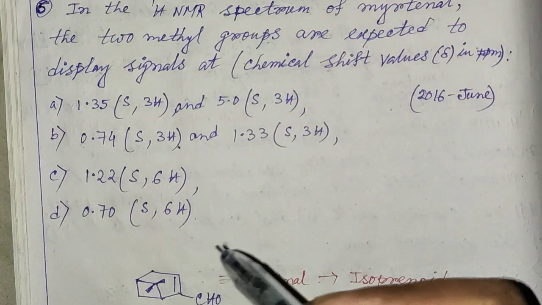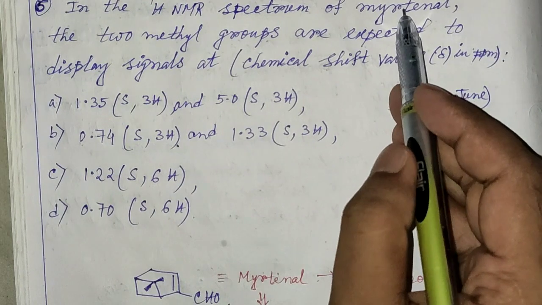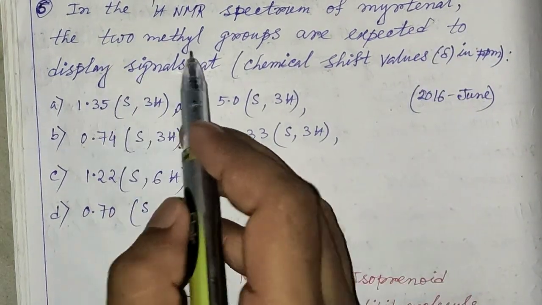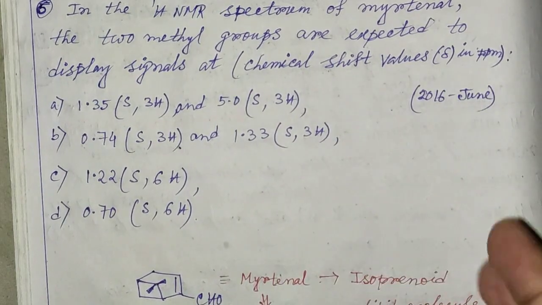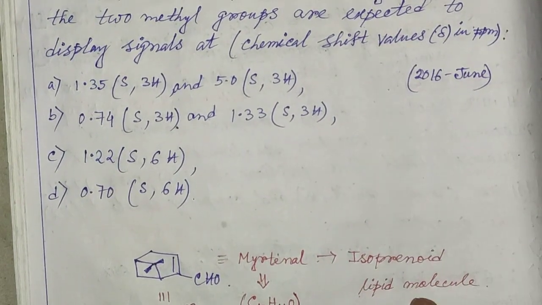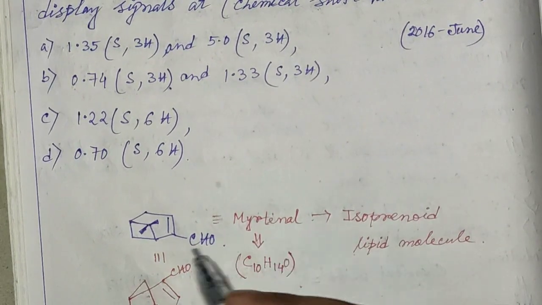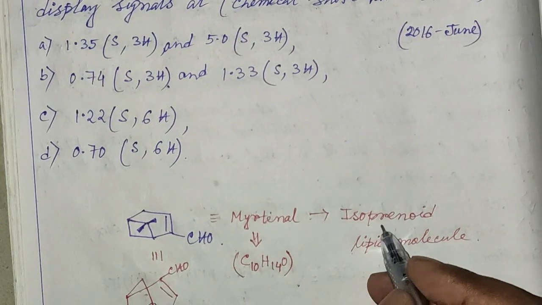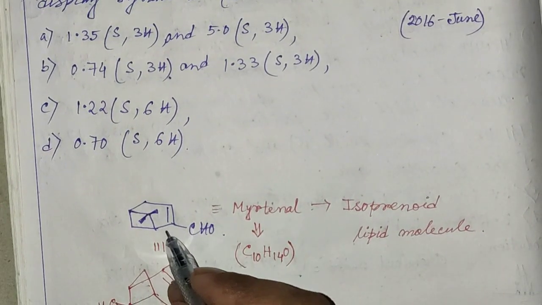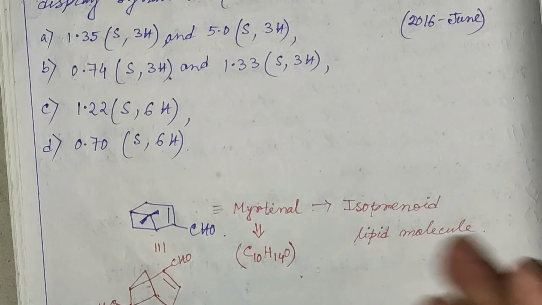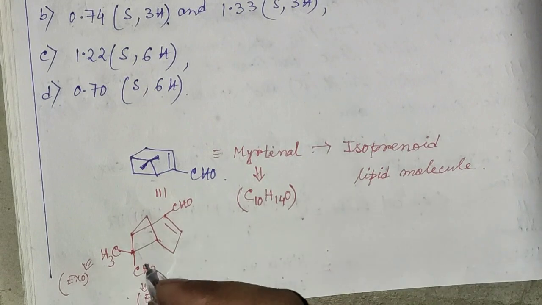The next question is, in the 1H NMR spectrum of meriternal, the 2 methyl groups are expected to display signals at which chemical shift value? The structure of meriternal is like this. This is an isoprenoid lipid molecule and its structure is like this. We can draw it like this also.